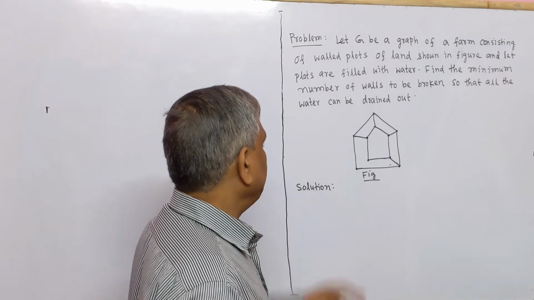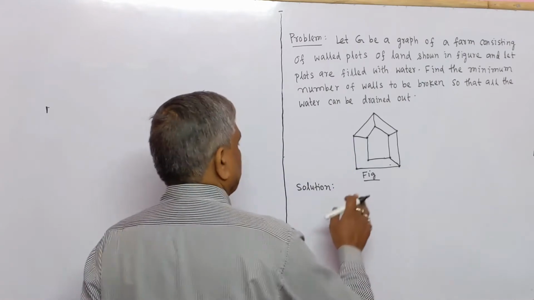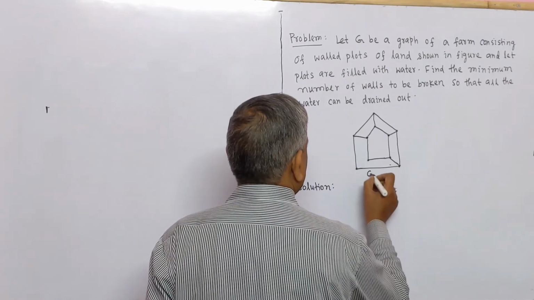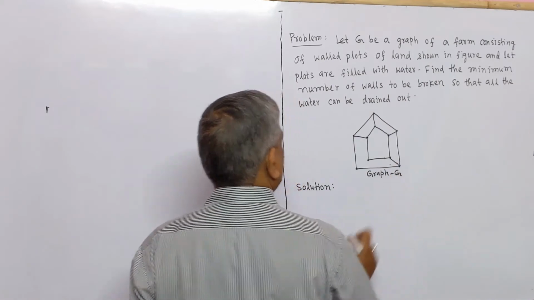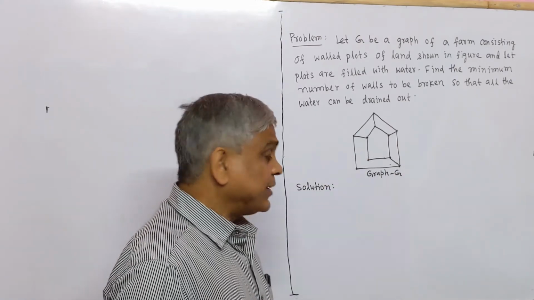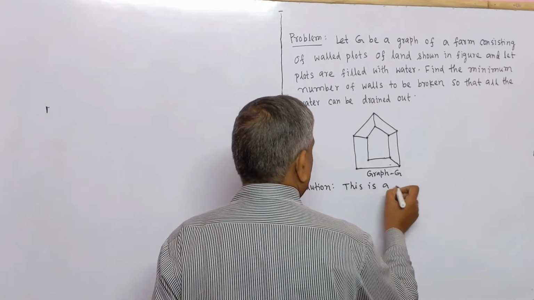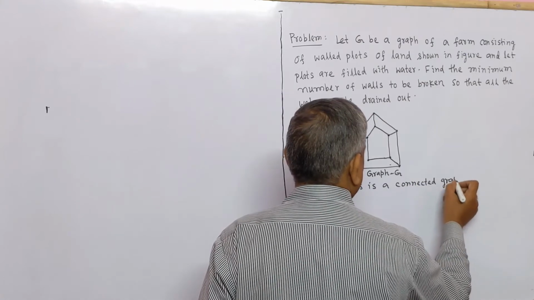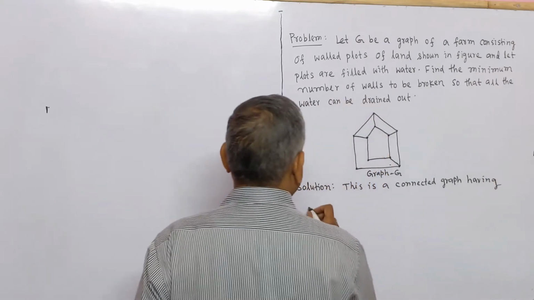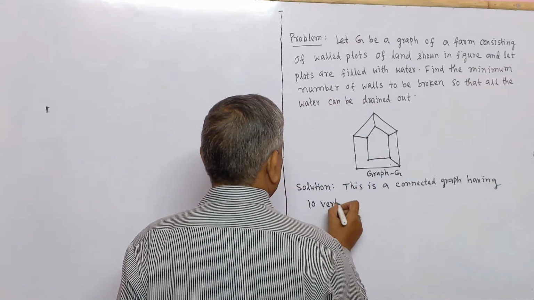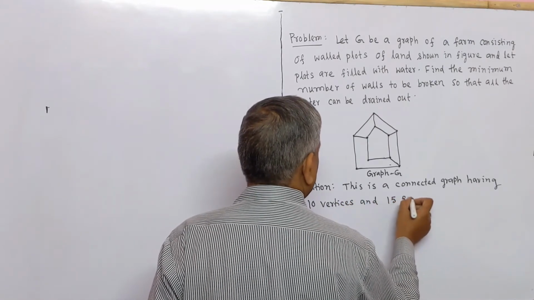This is the figure and this is a graph G. This is a connected graph having 10 vertices and 15 edges.